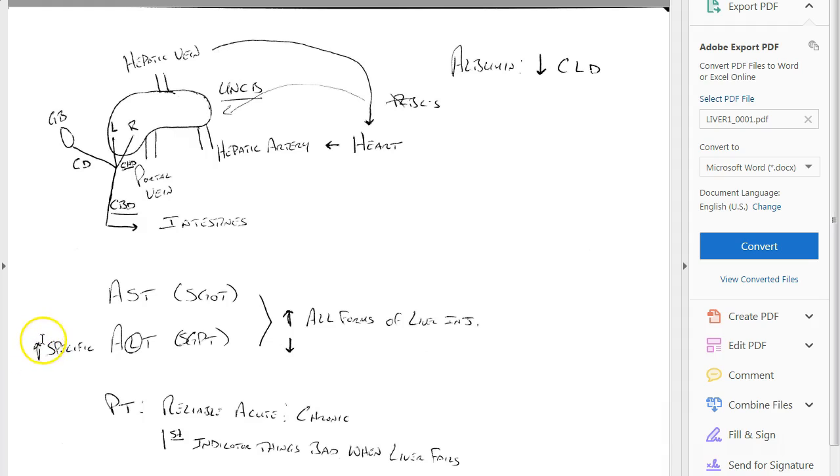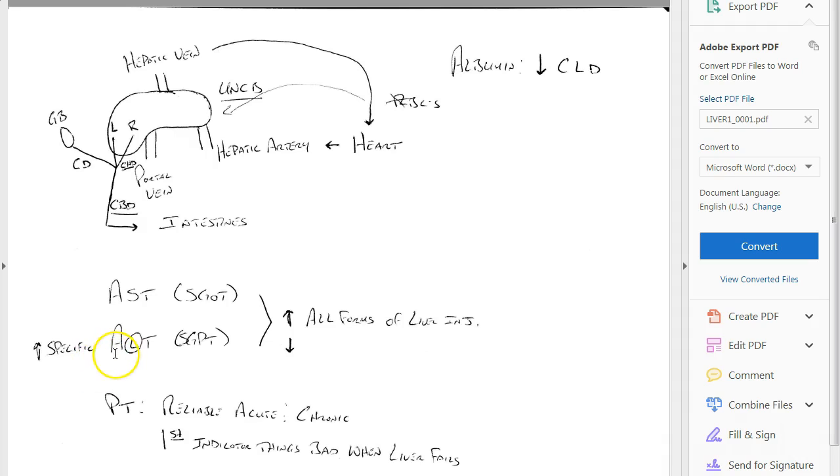ALT, more specific. Consider the L for, I don't know, lots more. That's the mnemonic that I use to try to remember it. So that's a whole lot more specific. It's real technical, right?